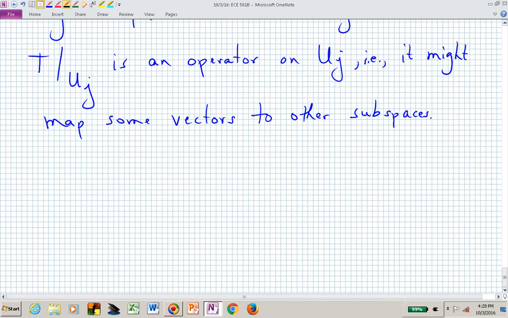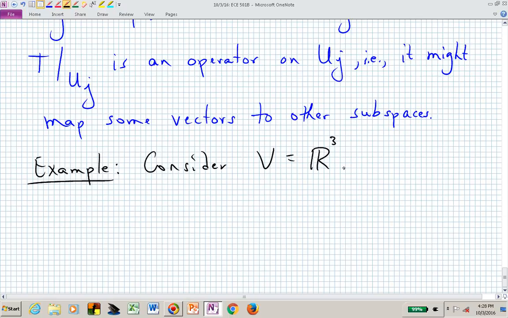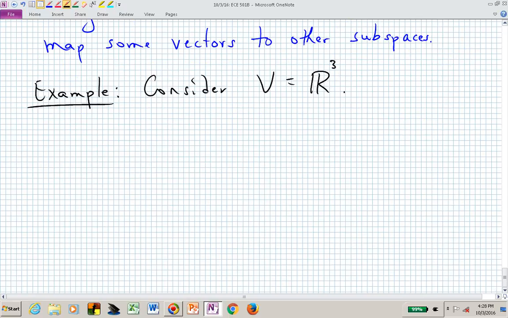And before we just keep going on and on about maps and different subsets, let's look at an example that hopefully might make this a little bit more clear. Let's consider our vector space V to be R3, three-dimensional space. So now you can visualize that we're living in this room that has our standard directions. Let's say that U1 is the x-axis, that's one subspace.